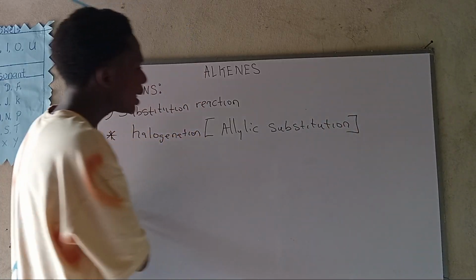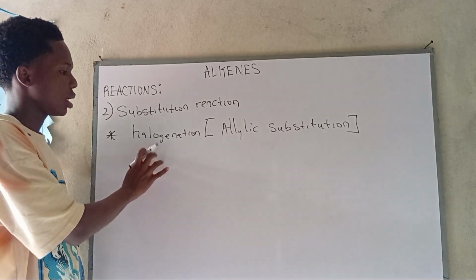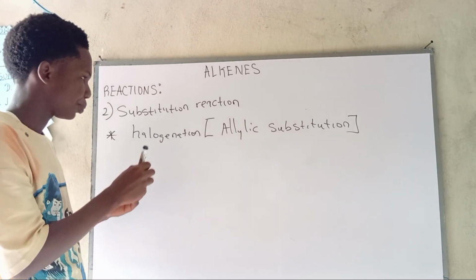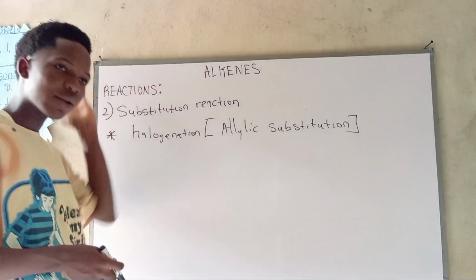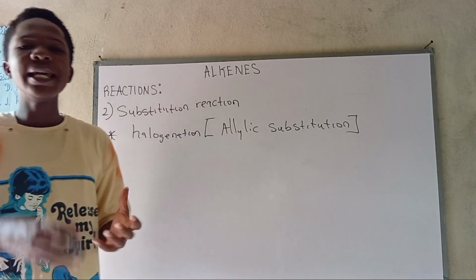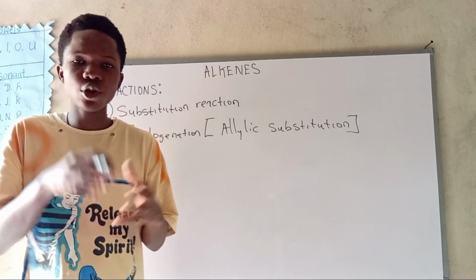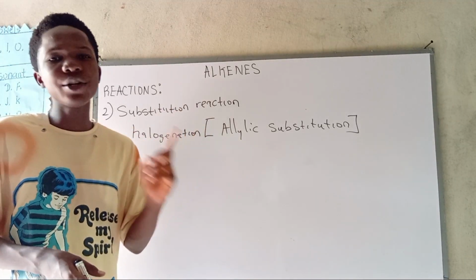In allylic substitution, also called halogenation, which is a substitution reaction, what happens? The difference between the other halogenation and this one is that heat is applied in the reaction, and when this heat is applied, the halogen displaces a hydrogen atom.